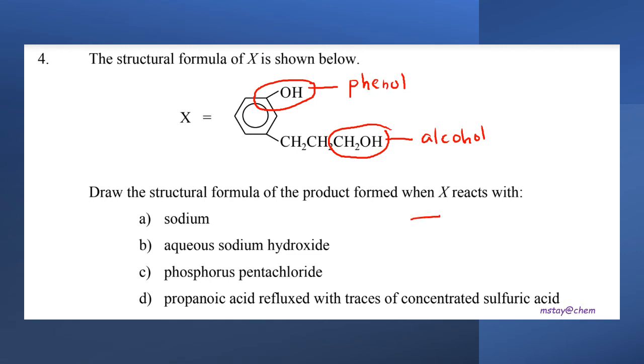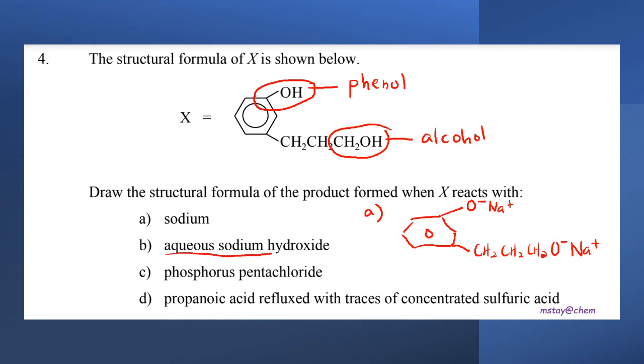So for the structure A after compound X reacts with the sodium, the bond will break between O and H. So O negative and Na plus, CH2, CH2, CH2, O negative and Na plus. This is the answer for A.